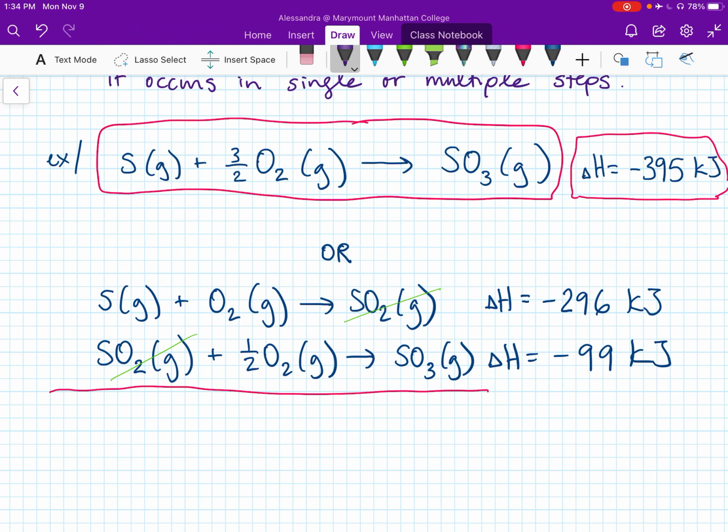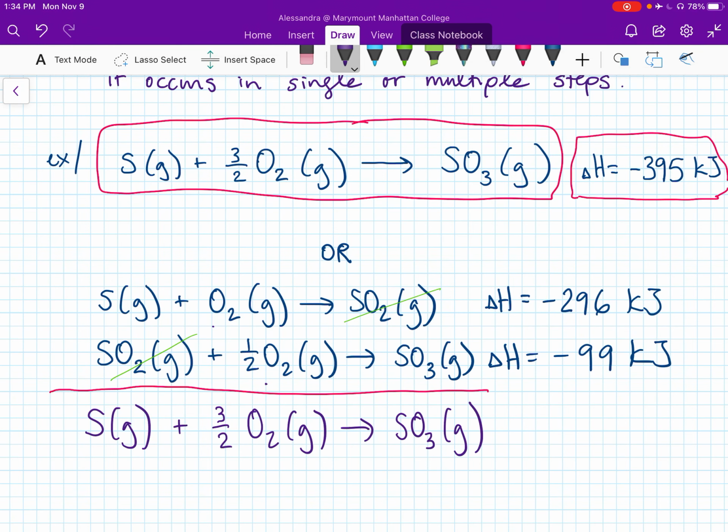And then we're left with the sulfur gas, the diatomic oxygen plus a half a diatomic oxygen, 1 plus a half equals 1.5 oxygens. And those two reactants combining together give me 1 sulfur trioxide. So that is a two-step process that accomplishes the same as our initial reaction.